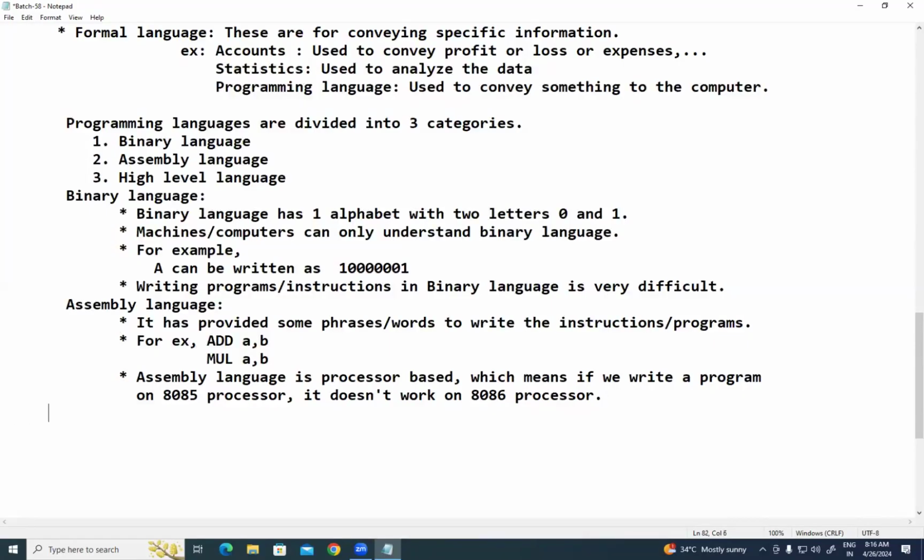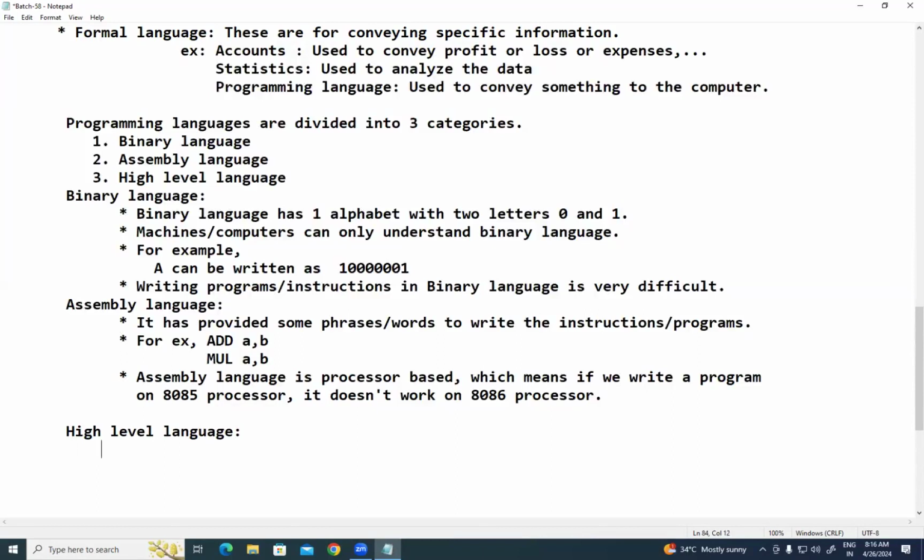Folks, try to understand me. Now we are understanding about high level languages. You know, Java, Python, C, C++, C Sharp, Kotlin, Ruby. These all come under which category, folks?